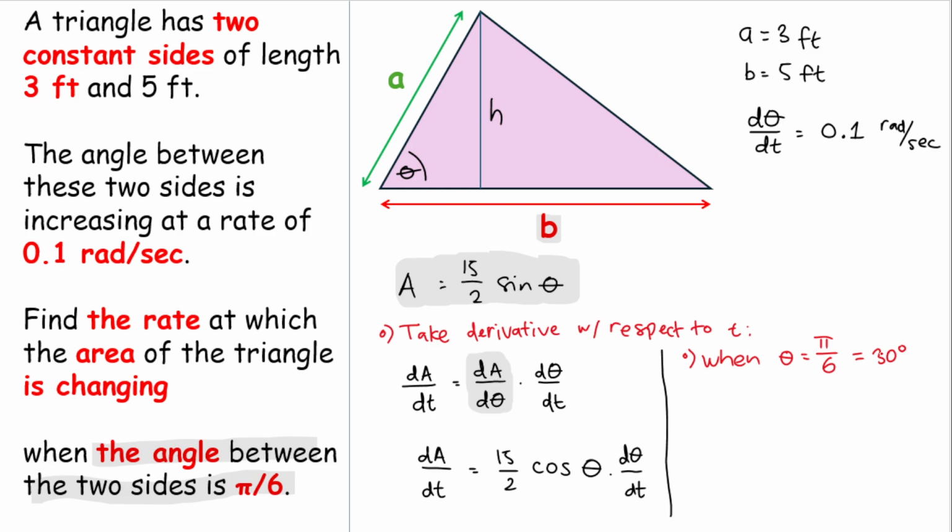Okay. So what can we do from here? Let's plug in the numerical values. dA dt when theta is equal to pi/6, we will have 15/2, that is a constant, and then cosine pi/6, and then multiplied by d theta dt, which is 0.1.